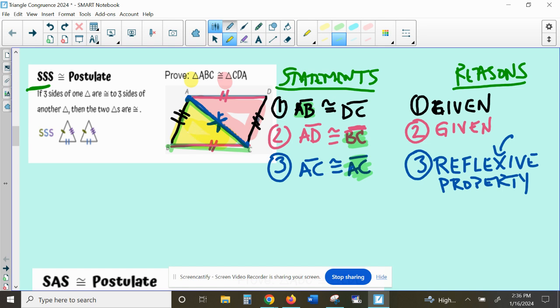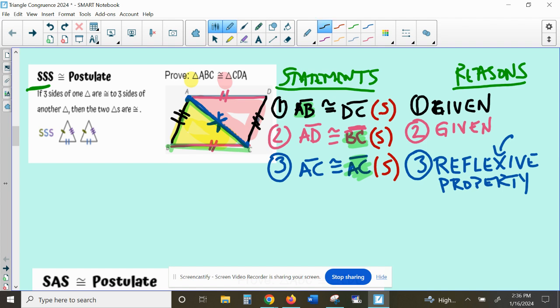So what I have here, and I'm going to put these in red, this is a side, and this is a side, and this is a side. So by side, side, side, all 3 of these sides, and I could check my pink triangle too. It's going to be this one and this one and this one, because I matched all 3 of them up. So since I have side, side, side, I can now say that these 2 triangles are congruent to each other.